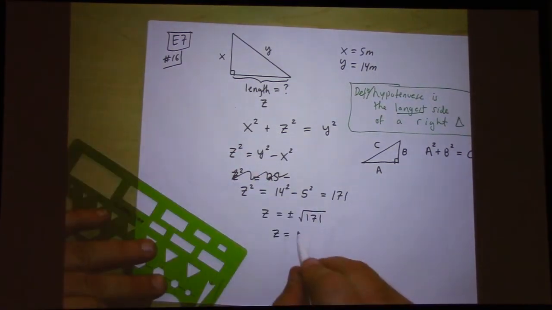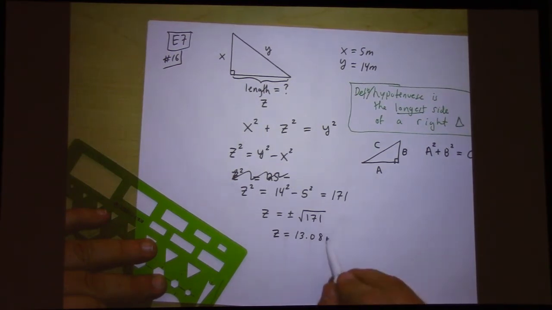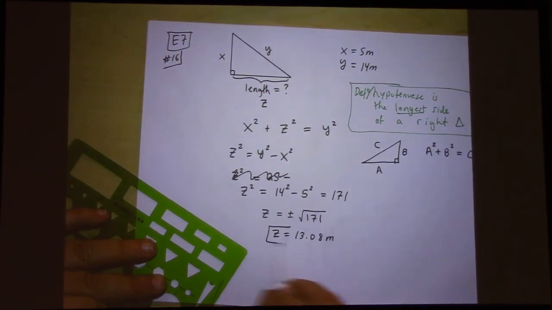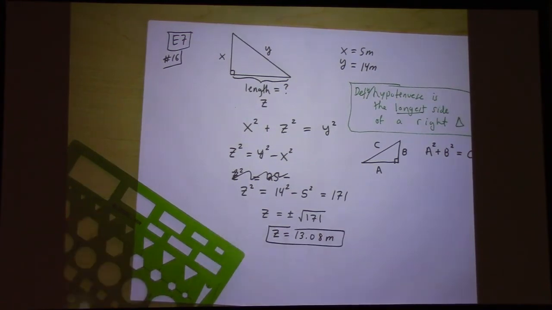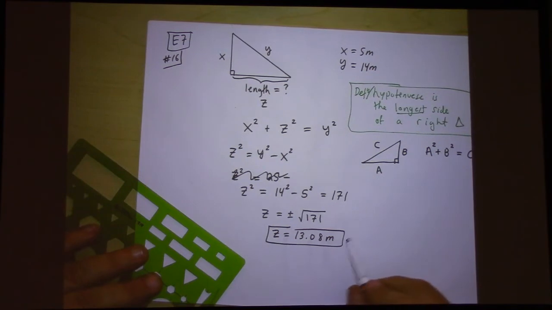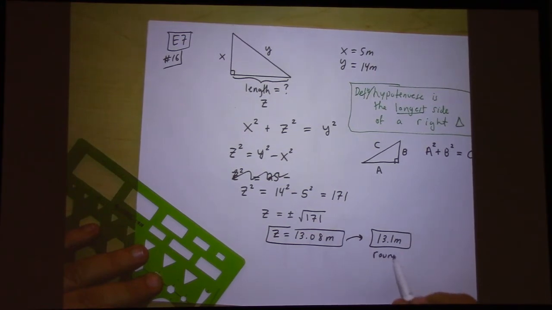So I get 13.08, and this was in meters. And I think it said round to the nearest tenth, so that wouldn't be the answer. It would be 13.1 meters, rounded to the nearest tenth.